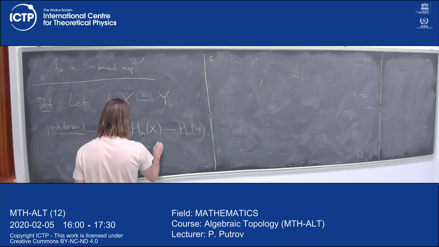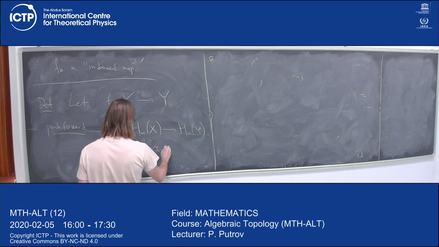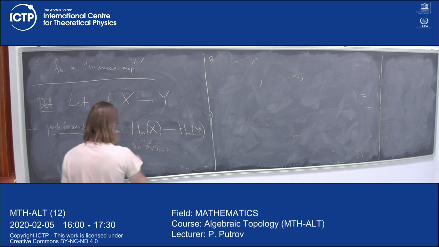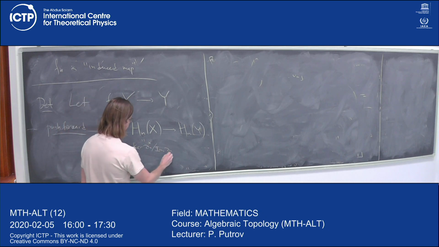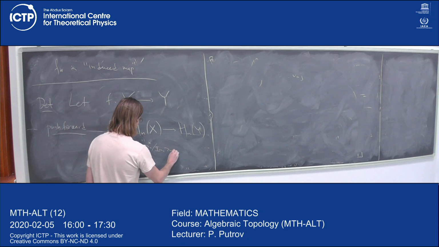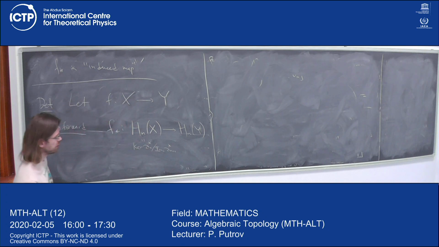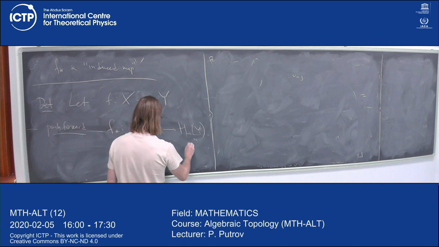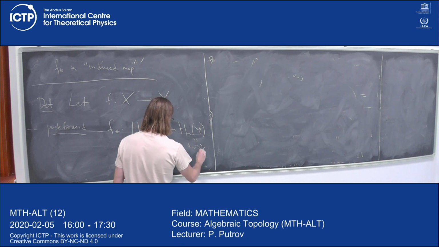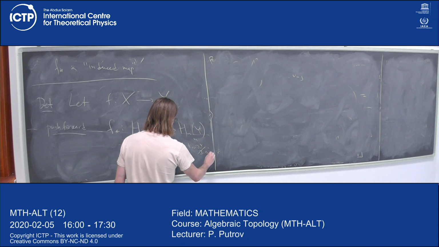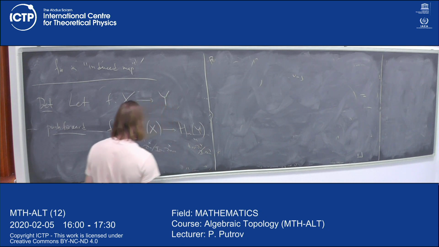Let me write explicitly for a moment. Kernel of d_n on the space X, divided by the image of d_{n+1}, also on the space X. And this goes to the kernel of d_n on Y and the image of d_{n+1} on Y.